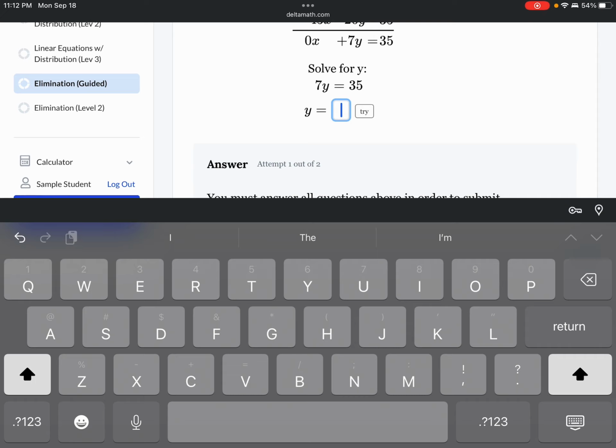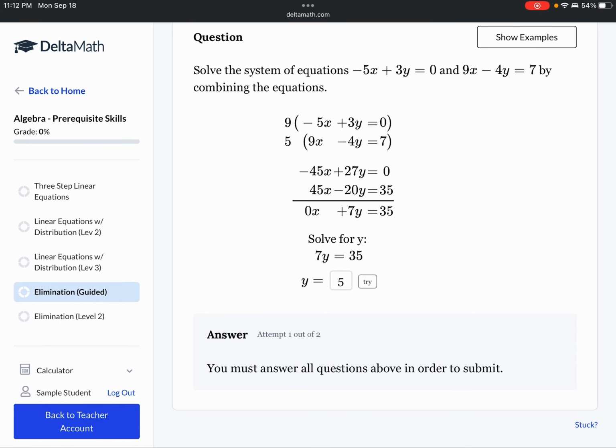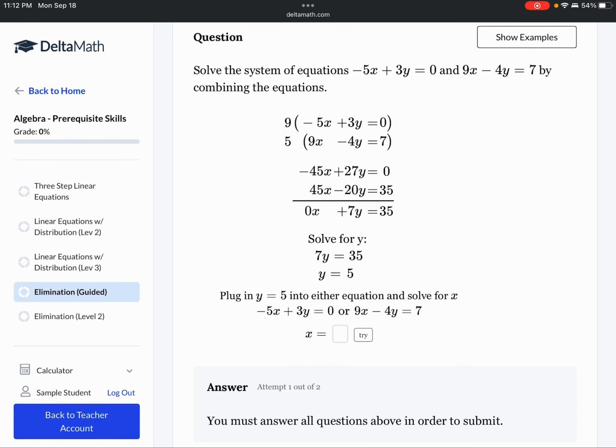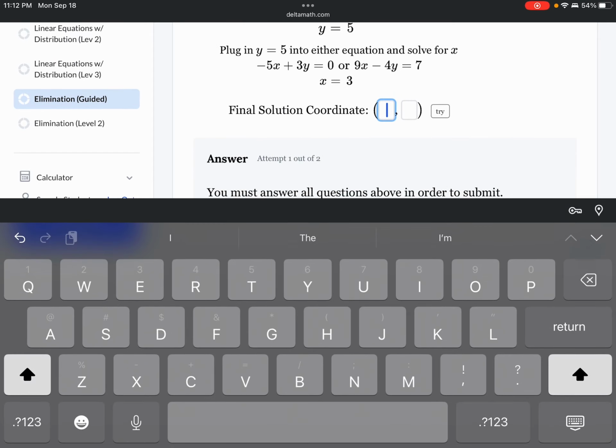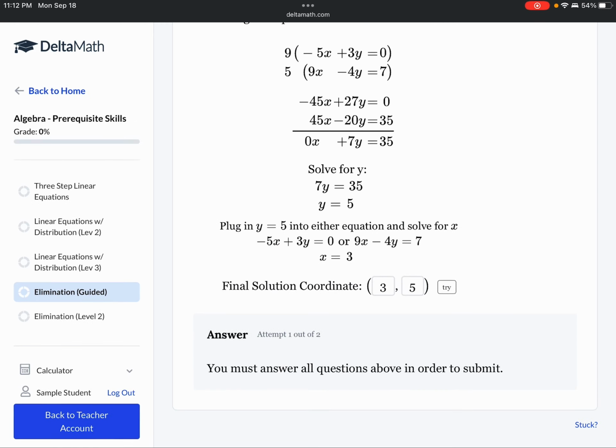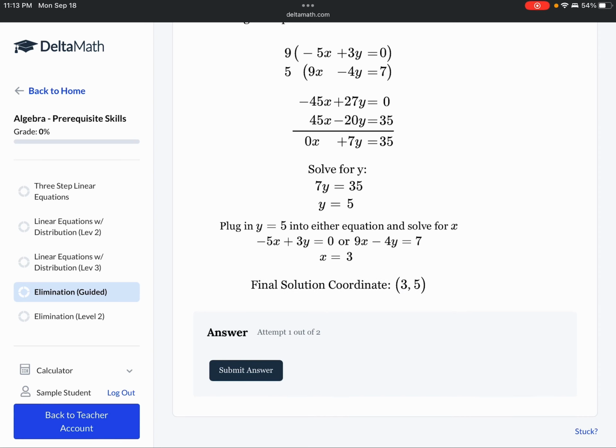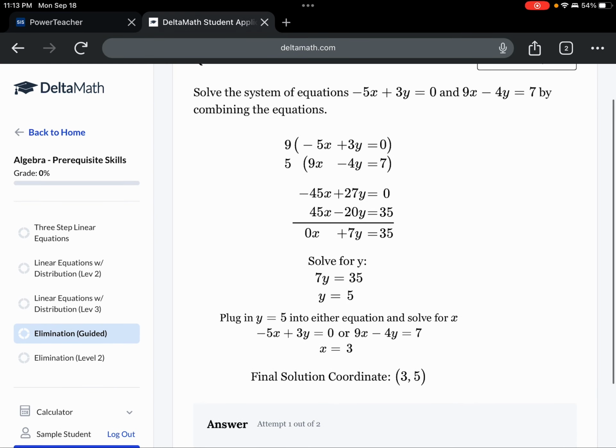Okay, I'll find that y is equal to 5. And that's exactly what I would have found in my other question as well. So again, it doesn't matter the order that you find these answers in. What matters is at the end, yeah, I do have to put it in alphabetical order, x comma y at all times. So with that said, I hope that makes it easier for you to complete these kinds of problems.